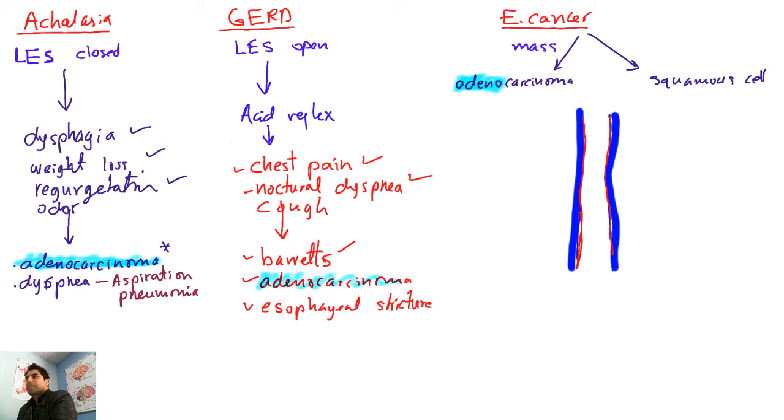You don't expect glands in the esophagus, do you? No. The only time you'll find glands in the esophagus is if there's something abnormal. When would the esophagus need to make more glands? When it needs to protect itself.